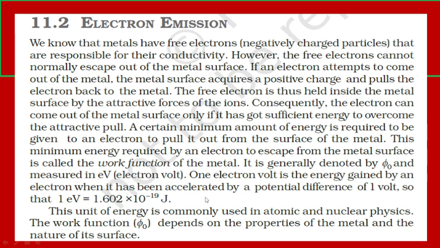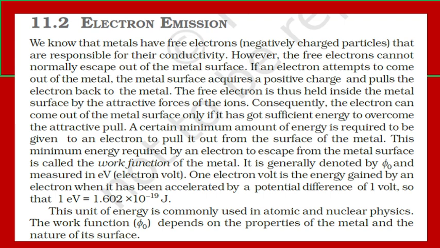Electron volt is the unit of energy. So what is 1 electron volt? How can we define it? It's the energy gained by an electron when it has been accelerated by a potential difference of 1 volt.